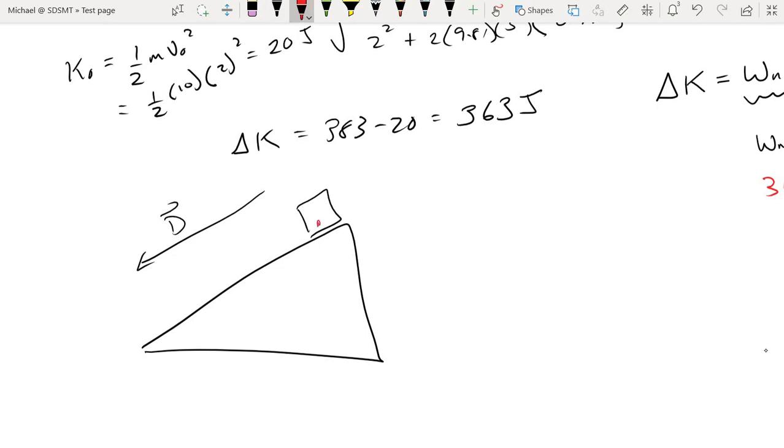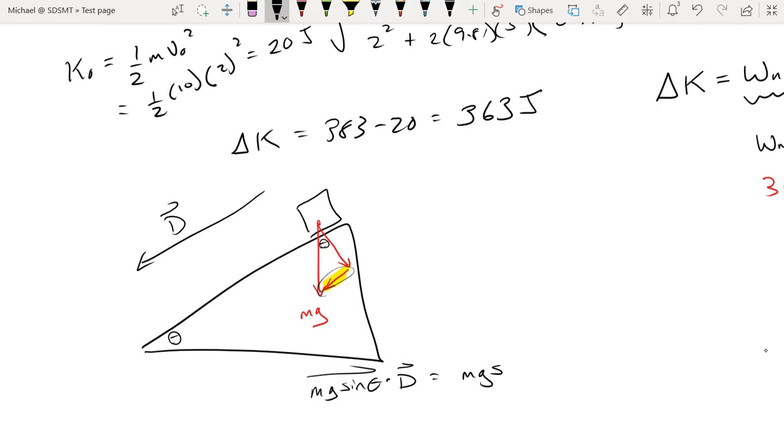Our gravity force is straight down, but it has a component that is pointing in the direction of the displacement, and that's the component that we want. But that downhill component, that is mg sine theta, and that downhill component is pointing in the same direction as the displacement vector.